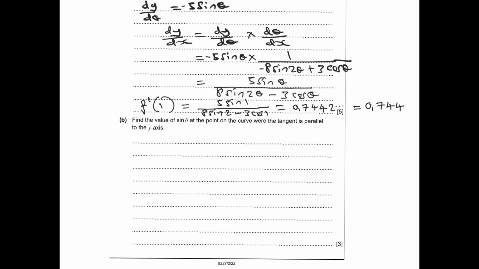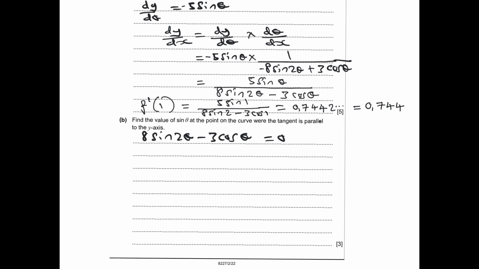We are saying here 8 sine 2 theta minus 3 cos theta is equal to 0 to make the derivative undefined. That's when the gradient is undefined.